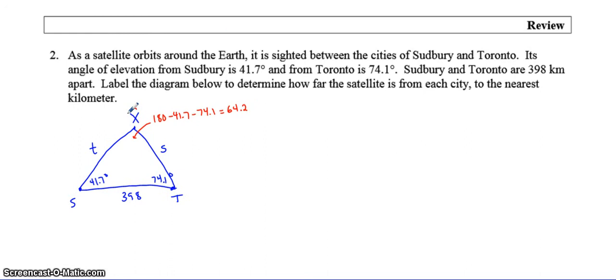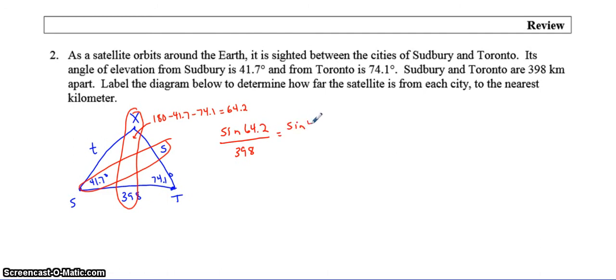So, in order to solve for side S, there's your two circles you're going to use. So we have sine 64.2 over 398 equals sine 41.7 over side S.